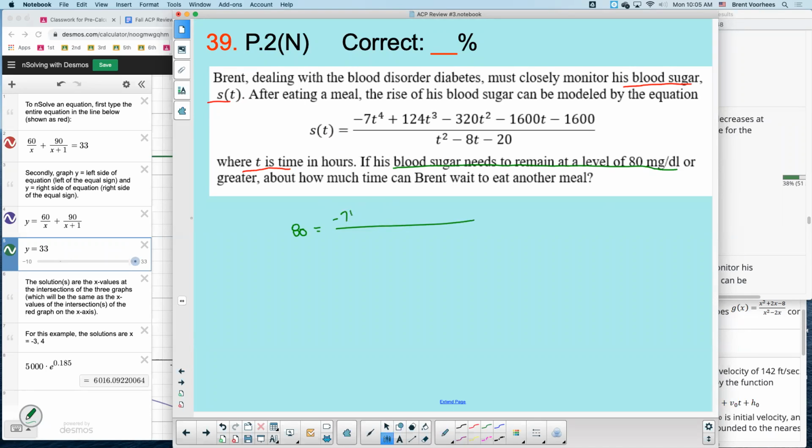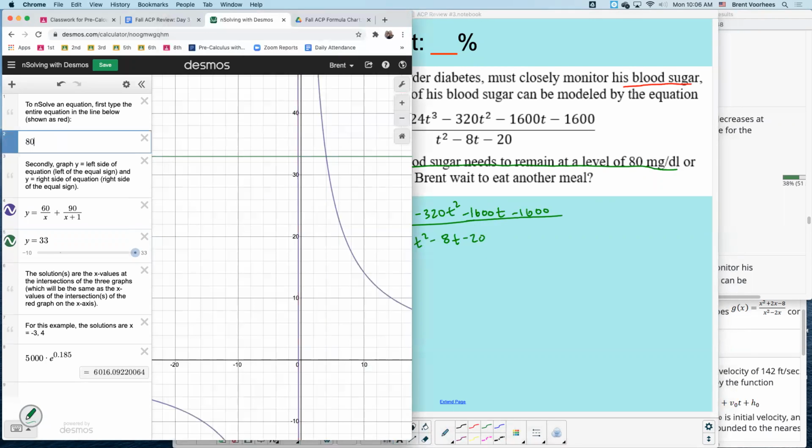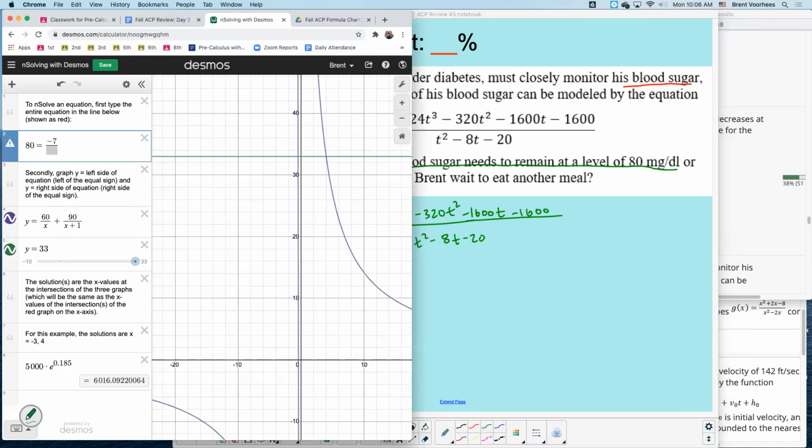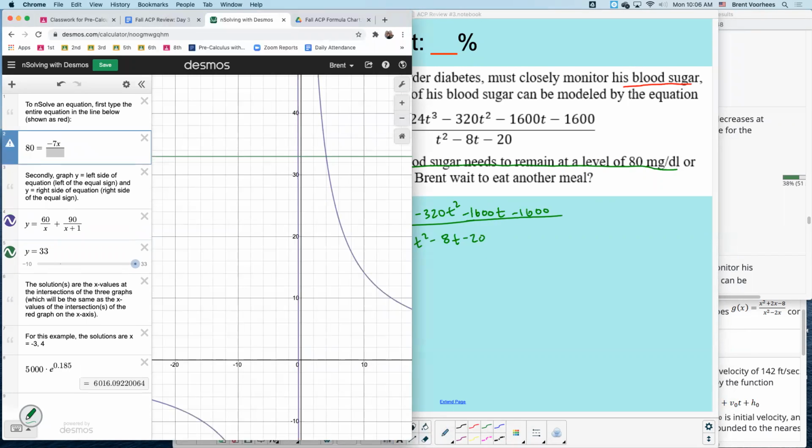The 80 equals negative 7t to the fourth plus 124t cubed minus 320t squared minus 1600t minus 1600, all of that over t squared minus 8t minus 20. That's what I'm going to plug in here. So it's a long equation here. 80 equals negative 7, or division, negative 7t squared. I'm going to use x though.